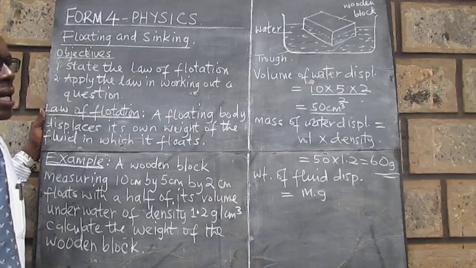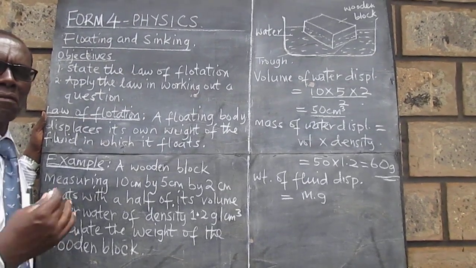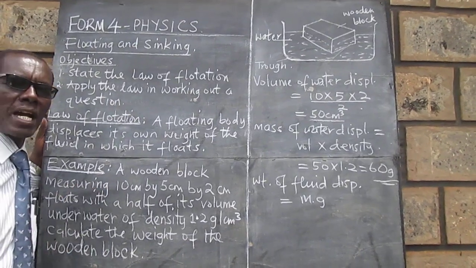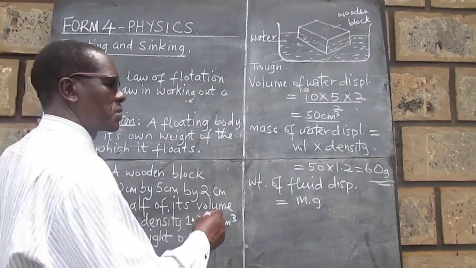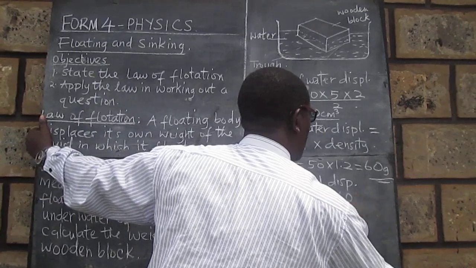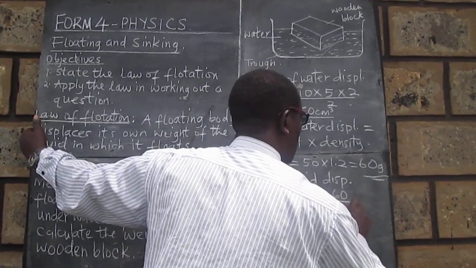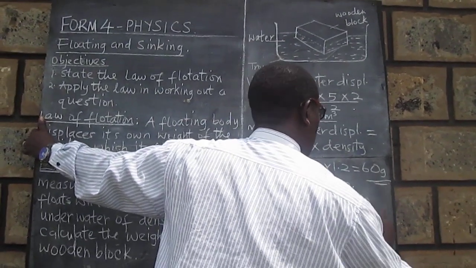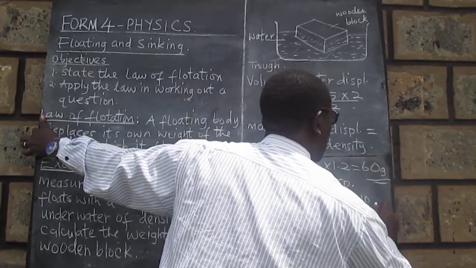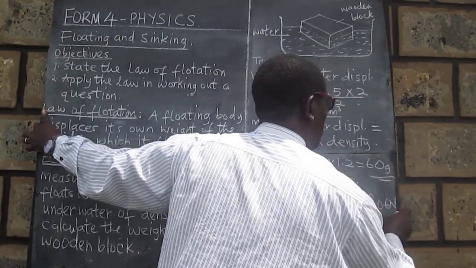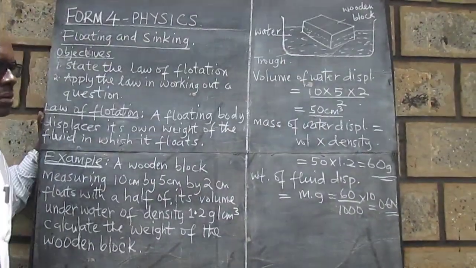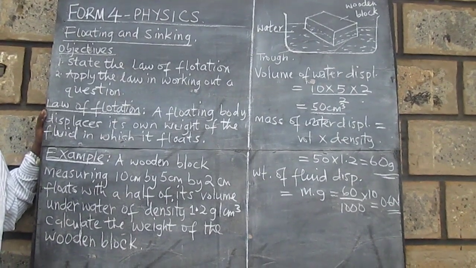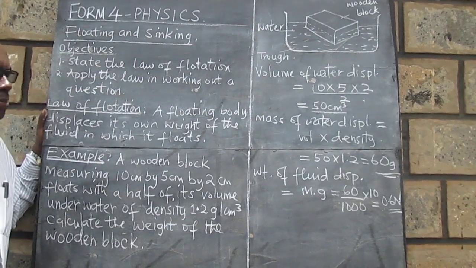And now that we have the mass in gram, we must remember to convert that to kilogram and then multiply by the acceleration due to gravity. So the weight of the fluid displaced equals 0.6 Newton.